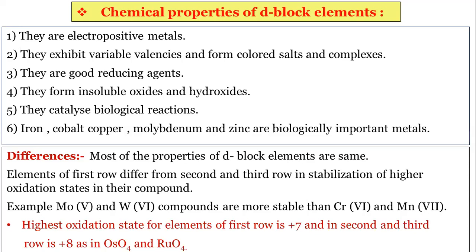So in the first transition series manganese shows plus 7 oxidation state, but in the second and third row osmium shows plus 8 oxidation state, and ruthenium also shows plus 8.